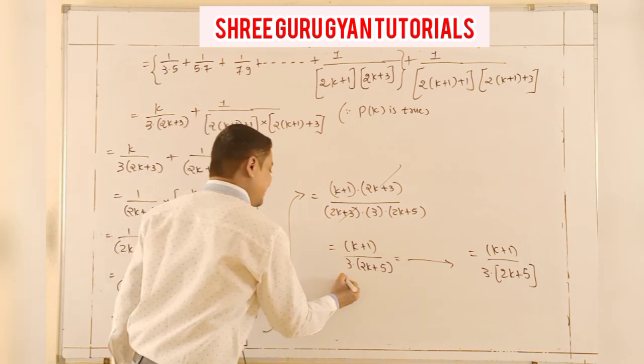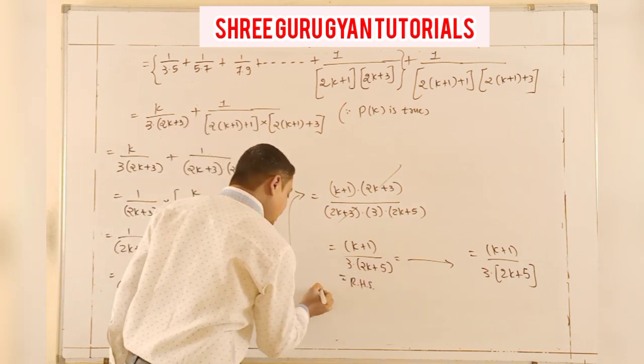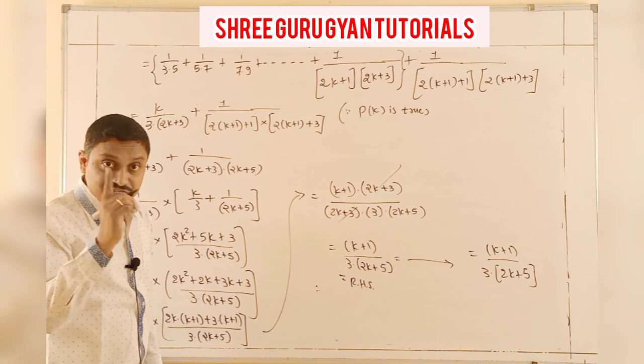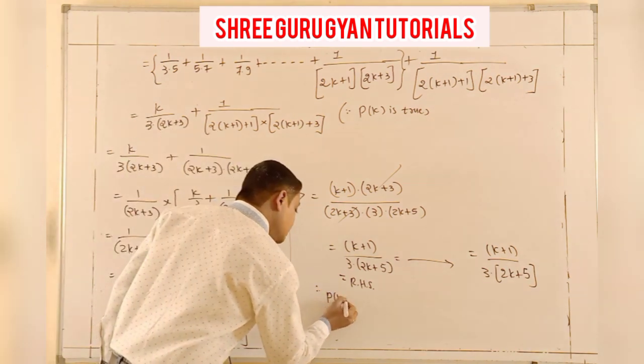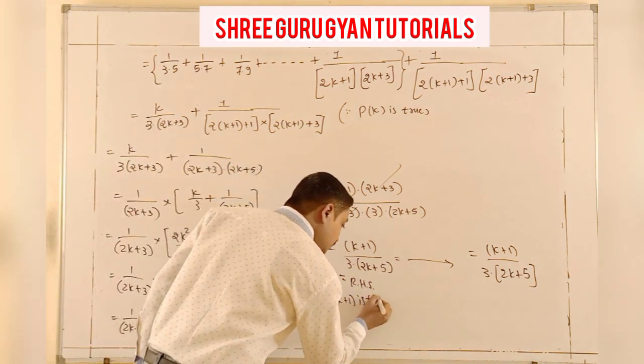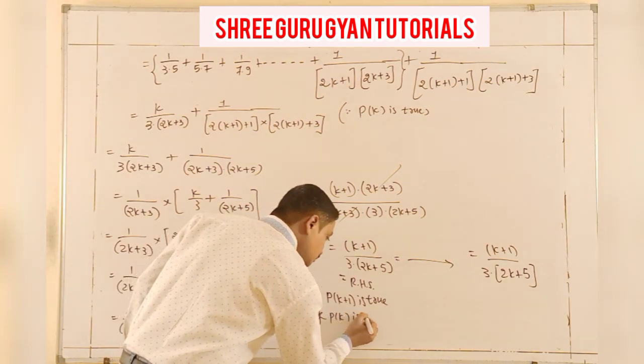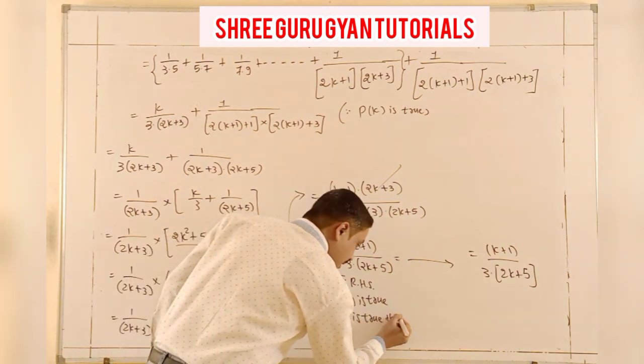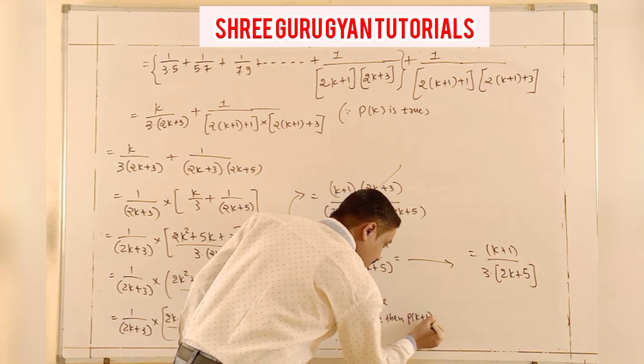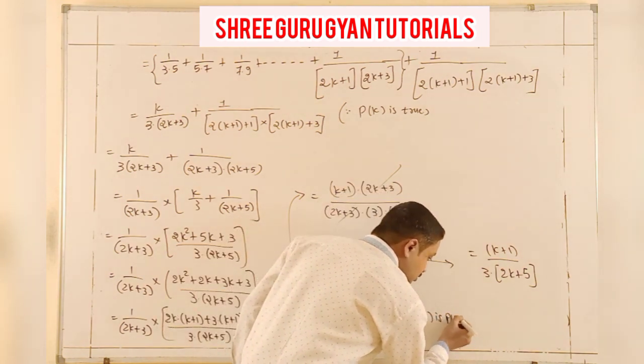Yes, that's the answer. It means we can say P of K plus 1 is true. Therefore, if P(K) is true, P of K plus 1 is also true.